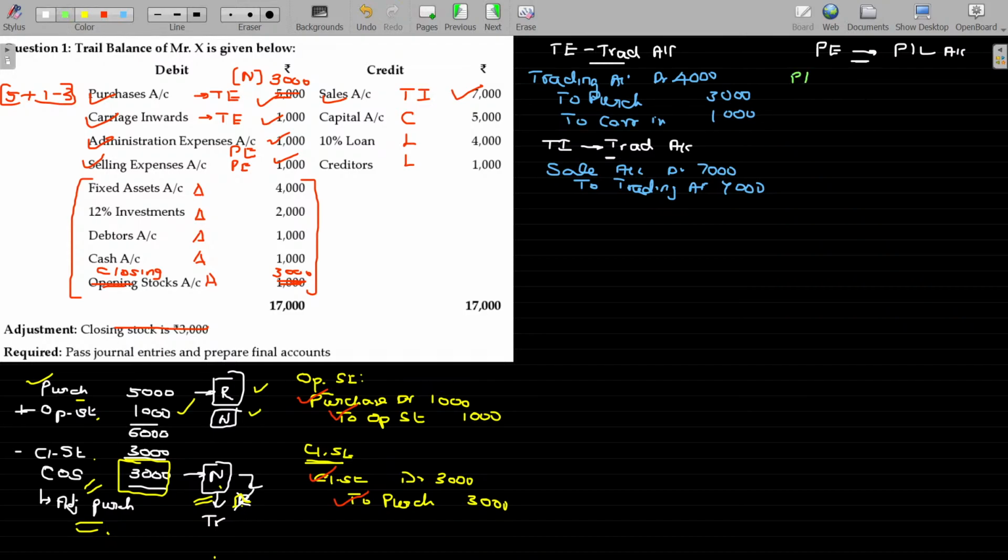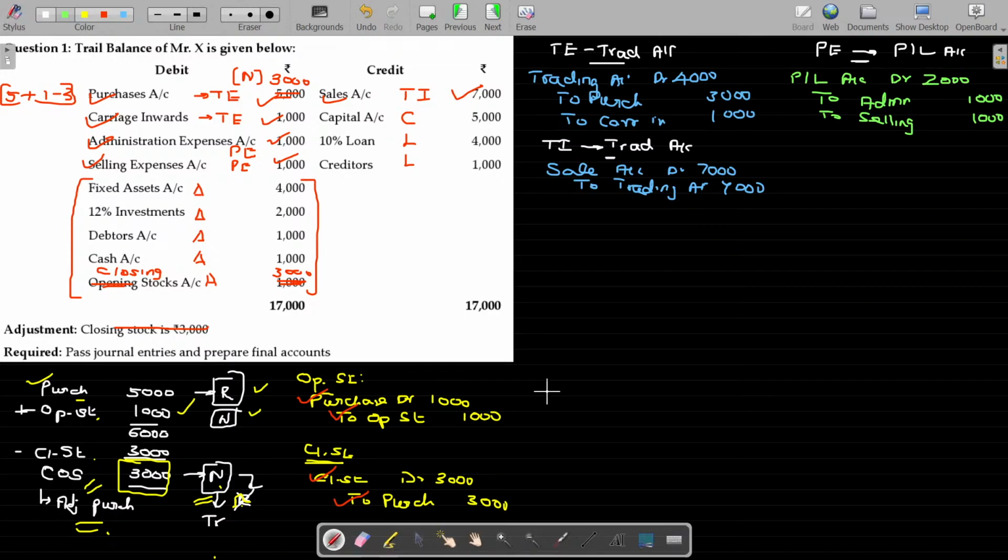P&L account debit to admin expenses 1,000 rupees, to selling expenses 1,000 rupees, and debit to P&L account 2,000 rupees. Is that okay? Now we can prepare the trading and P&L account and then the balance sheet.